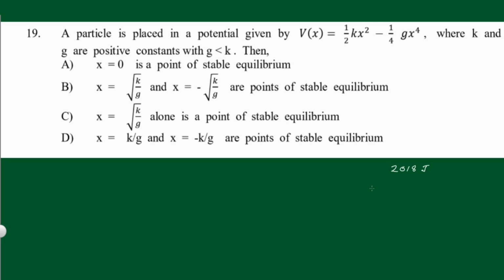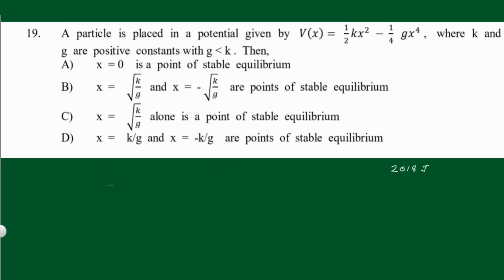These are the points of stable equilibrium, etc. So first we have to find the equilibrium points, then we have to find which equilibrium point is stable and which is unstable.